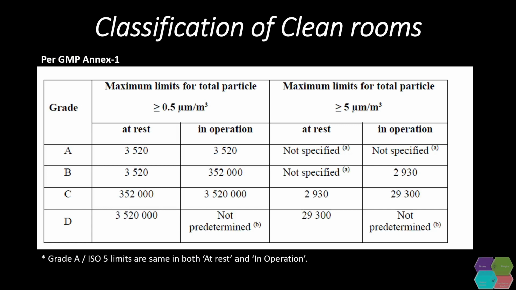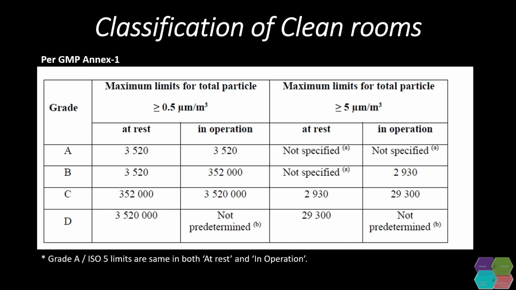So this is EU GMP Annex 1, and the classification of the clean rooms per EU GMP Annex 1 is grade A, grade B, grade C, grade D. Grade A is a higher classification compared to the other grades, B, C, and D. And here also you can see the maximum number of particles allowed per cubic meter of air.